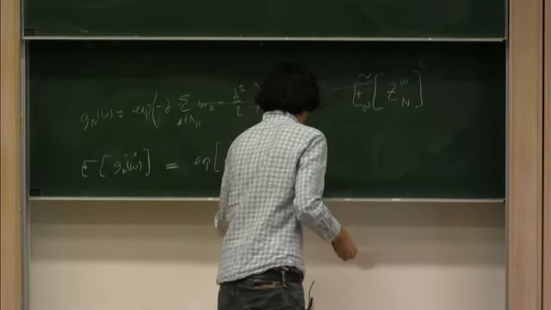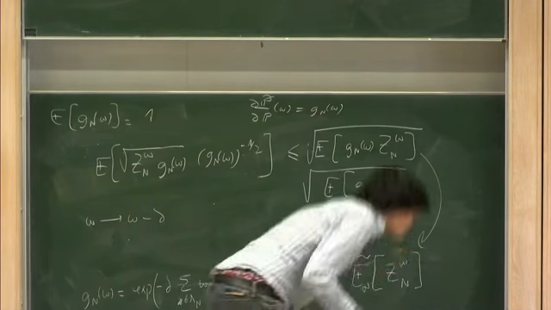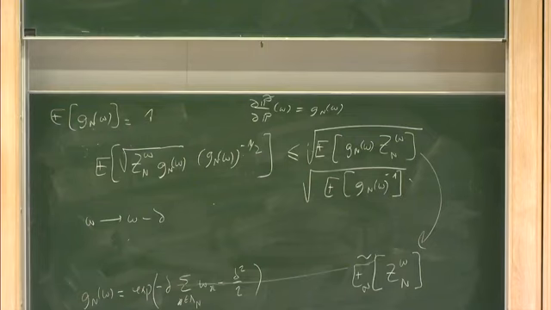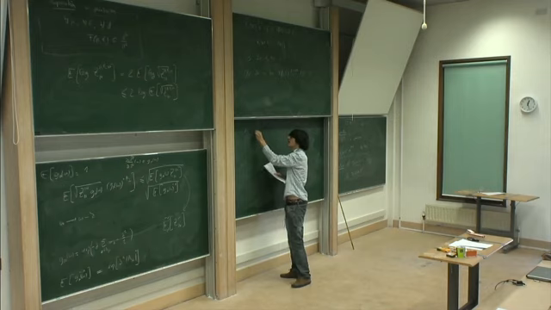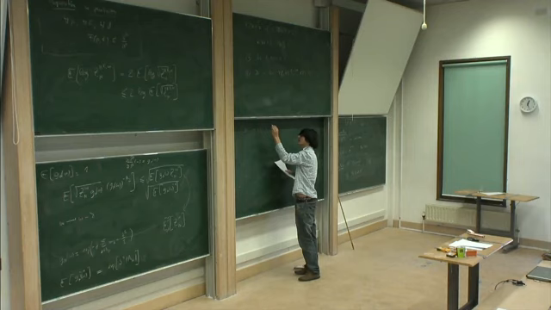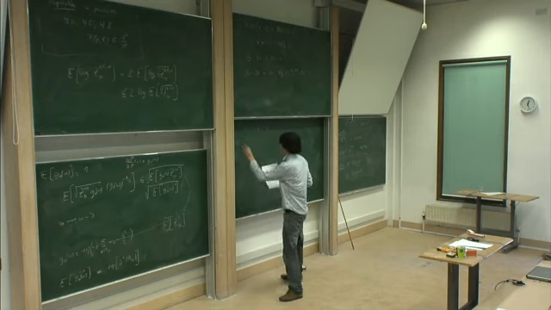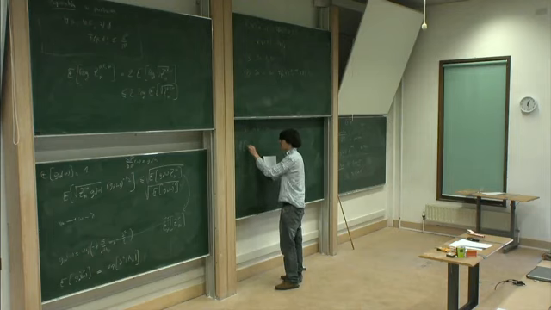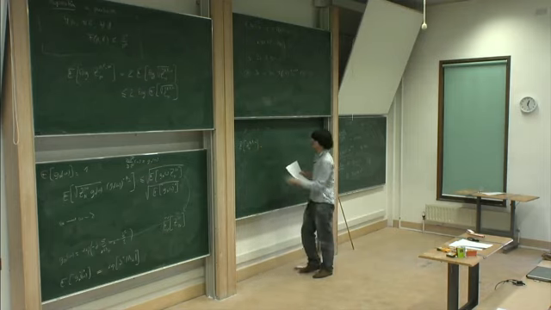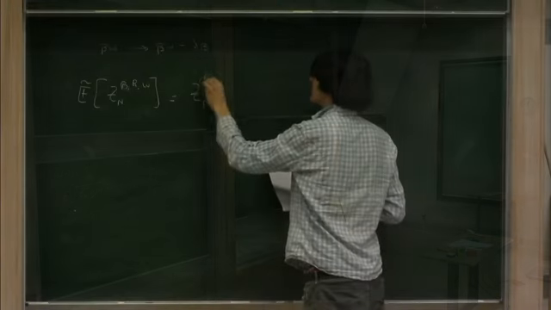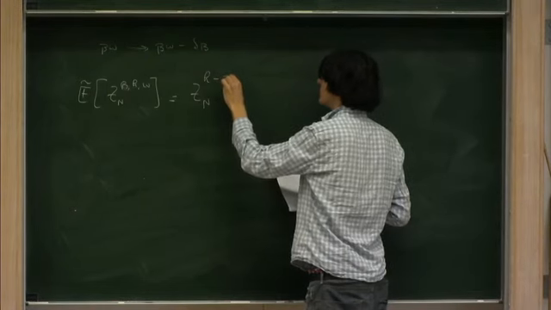Now let's look at the benefit. What I have done really is that I've replaced beta omega by beta omega minus delta beta. So when I take the averaging here, beta h omega, what I will get is not Zn h, but Zn h minus beta delta.